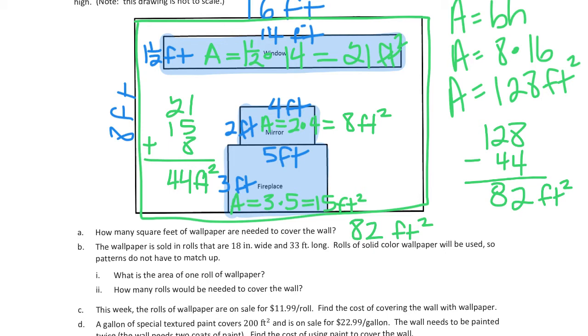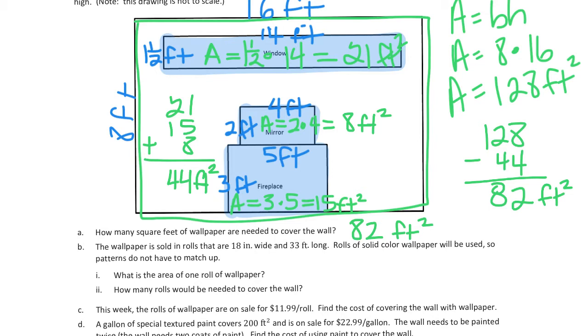Okay, now I'm ready to move on to part B. So I figured out that I need 82 square feet of wallpaper. Now I go to the store and I find out that wallpaper is sold in rolls that are 18 inches wide and 33 feet long.